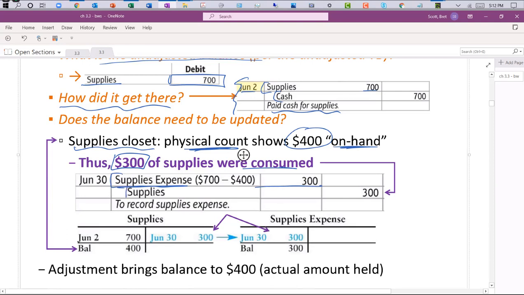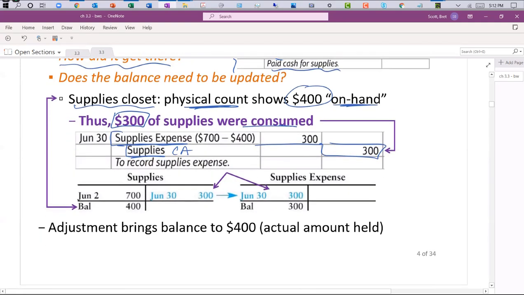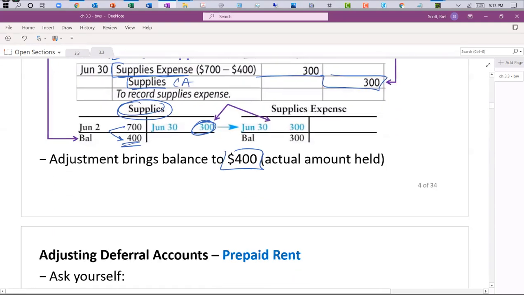We then also need to reduce the supplies account, that's a current asset account. We need to credit that account by 300. Does that make sense? Well, when you post it, you can see that the supplies account, when we credit that account, reduces the balance down to 400. And guess what? That represents how much we physically have in the supplies account. That's one way of doing our adjusting journal entries for deferrals.